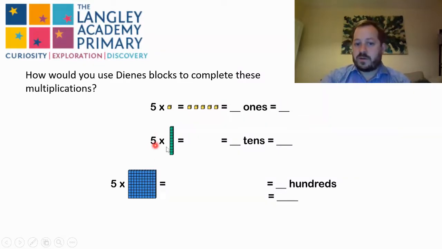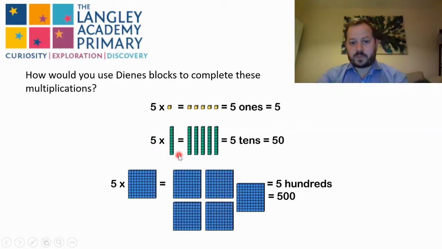This time we're getting 5 ten bars, and at this point we have 5 of them together. That's 5 tens, which is 50. Then we've got 5 times 100 block, so we have 500. So this quite easily shows how, when you're timesing by 10, why you need to times by 10. And you can quite easily see the progression.